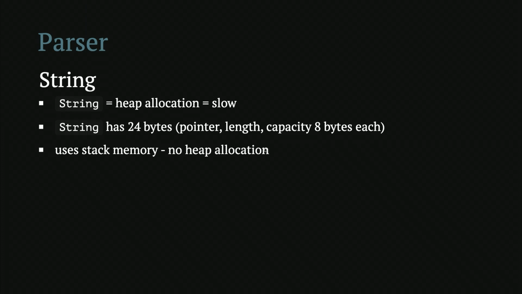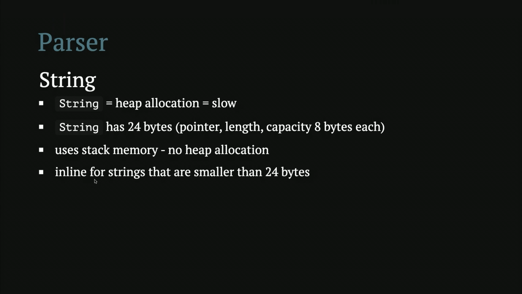What you can do is use stack memory, and you try to inline the strings that are smaller than 24 bytes into the string. So this is not doable in JavaScript, but it's doable in Rust. And I used a package for this optimization. So with this optimization, all strings less than 24 bytes will not have heap allocations.